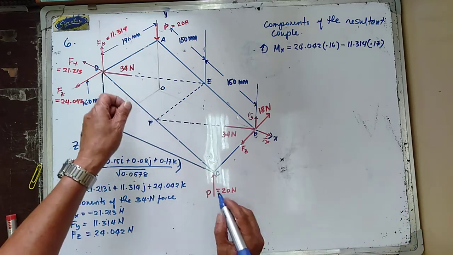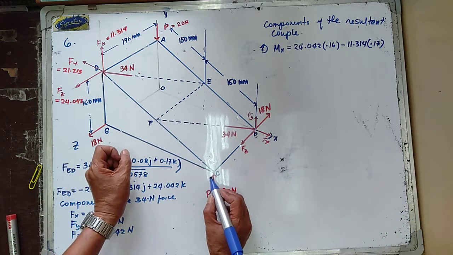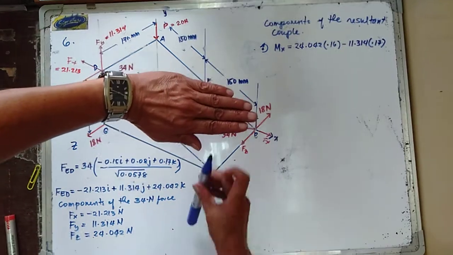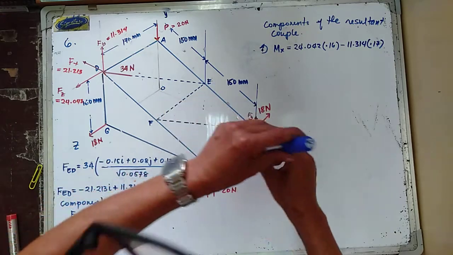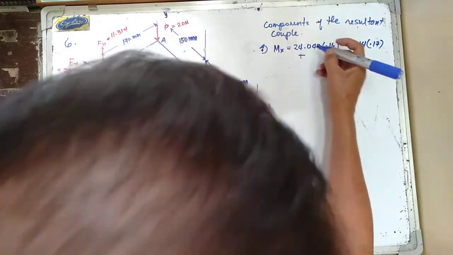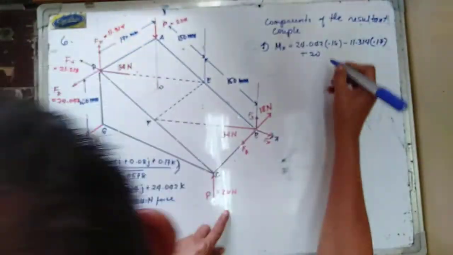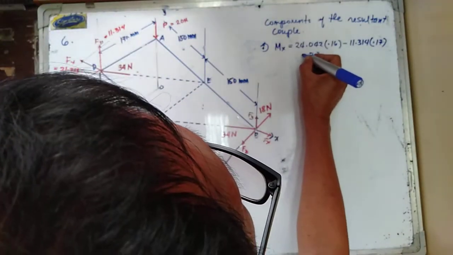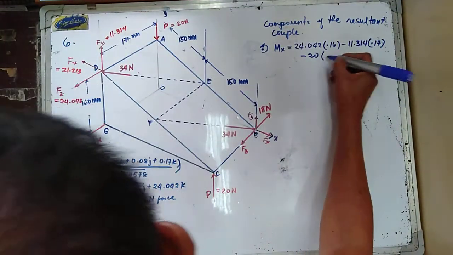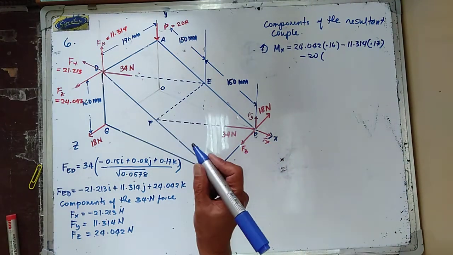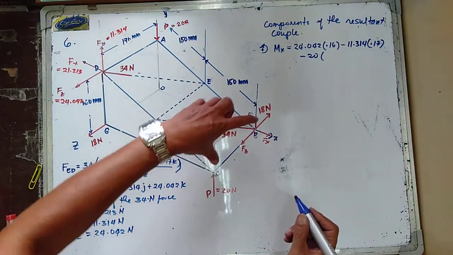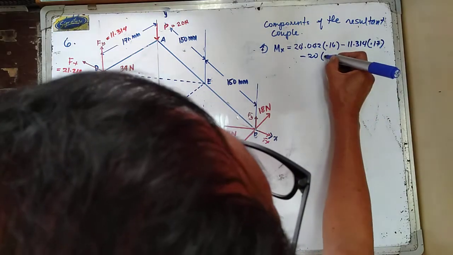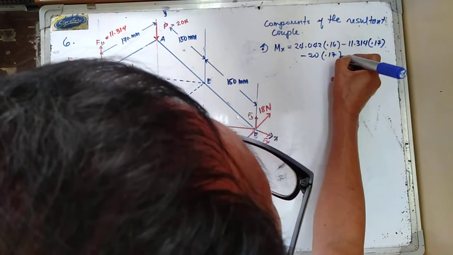So this is the x-axis, and here is your P. That is clockwise, and your P is equal to 20. Clockwise is negative, counterclockwise is positive. So minus 20. Now, the moment arm is still equal to 170 mm, or that is 0.17.